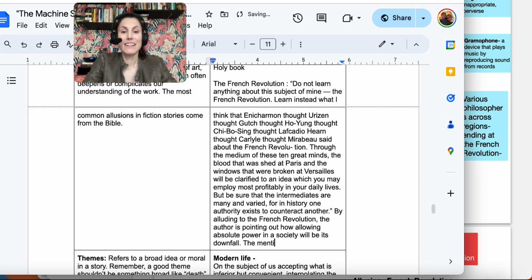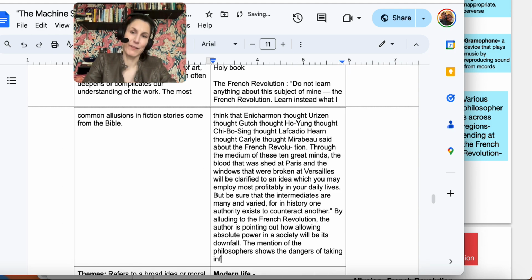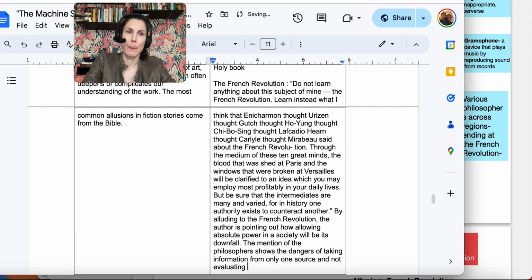The mention of the other philosophers shows the dangers of taking information from only one source and not evaluating the event independently.